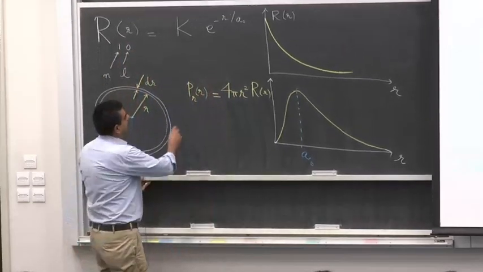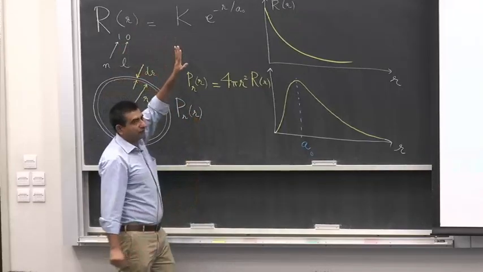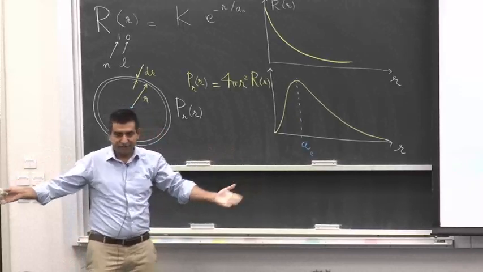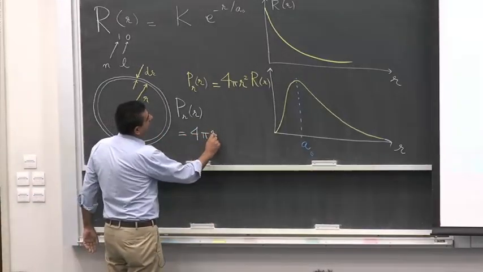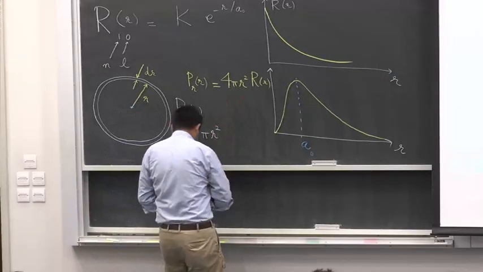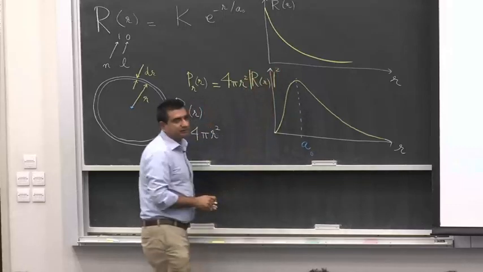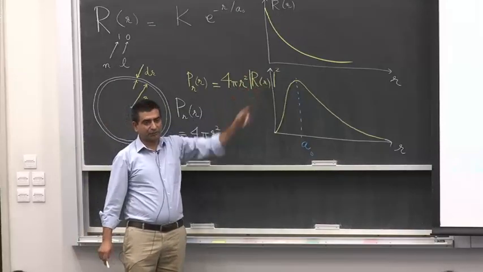Let's do that. For this shell, or for this value of n and l, which is the ground state of the electron, P(r) is 4 pi r square multiplied with 4 pi r squared R modulus squared.